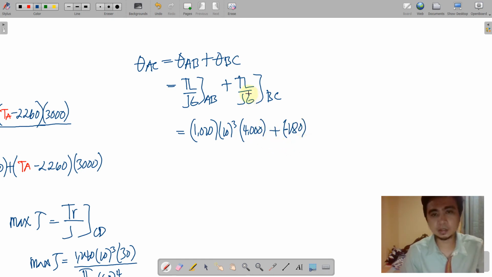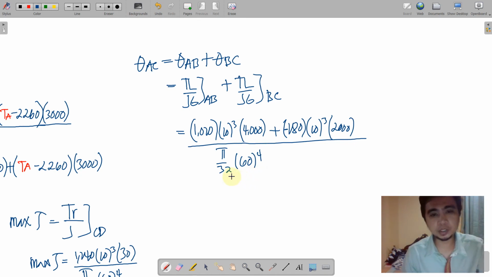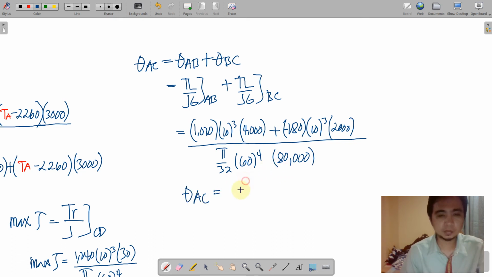Plus the torque at BC is negative 180 times 1,000 times the length equivalent to 2,000. All of these shall be divided by the J, which is pi over 32 times 60 raised to 4, multiplied by the modulus of elasticity, which is given in the problem, that is equal to 80,000 megapascal. As a result, we have the rotation from A to C is 0.0366.